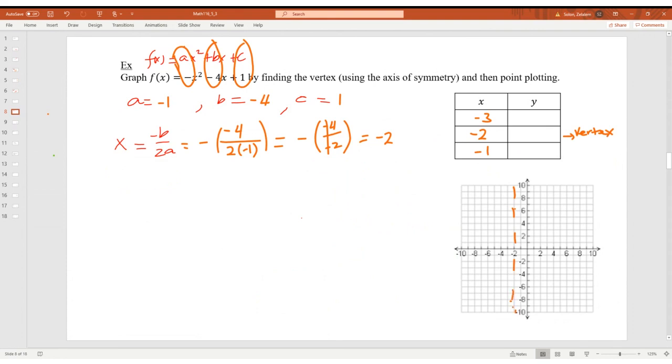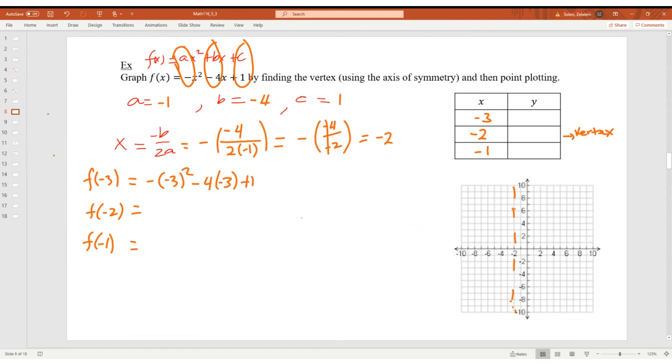Now this is what you do. Find f of -3, f of -2, f of -1. Okay, so just plug in the numbers into the function and find f of -3. That means negative of x squared, so negative of -3 squared minus 4 times -3 plus 1 for -3.